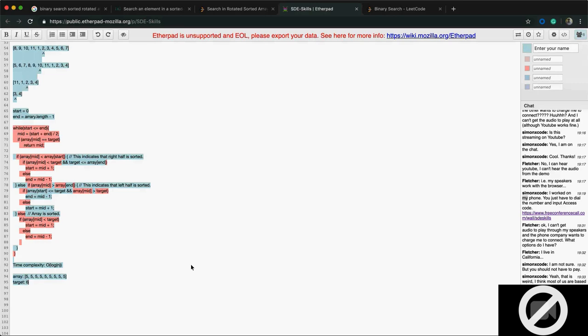And if we have to find 6, how do you know whether it's rotated or not? I think it will directly come into that last else condition, because it will not meet any other condition.